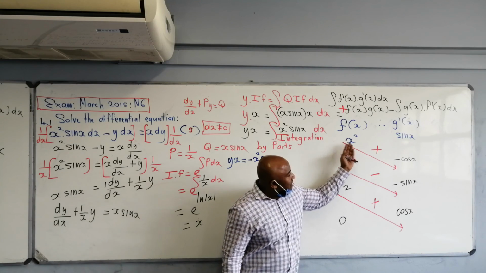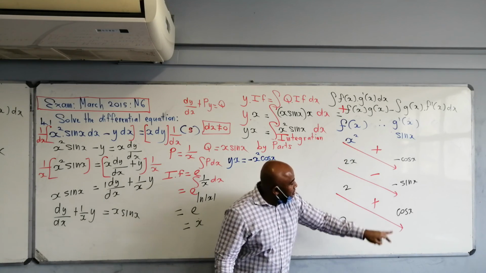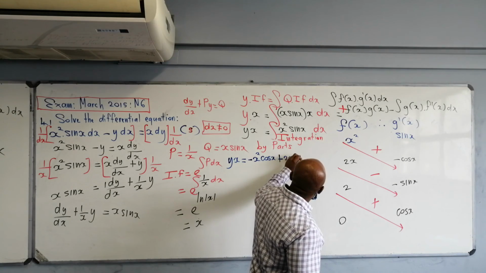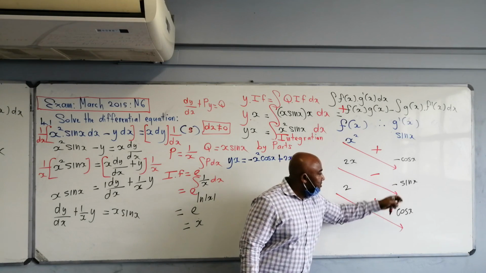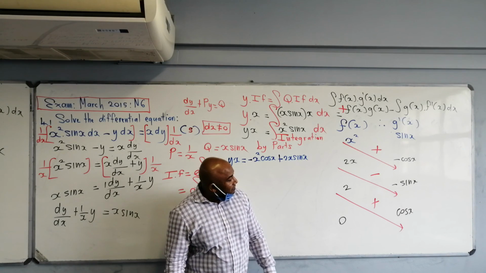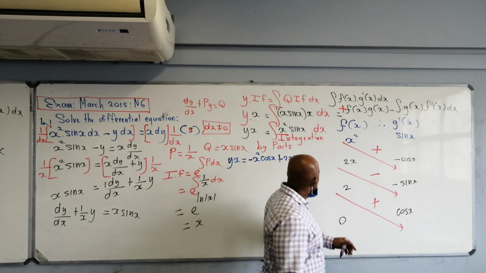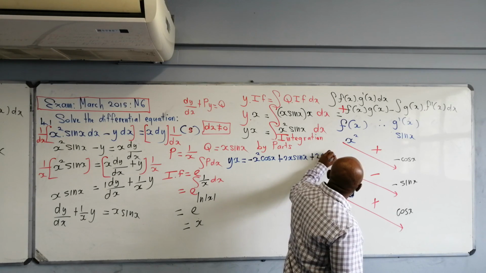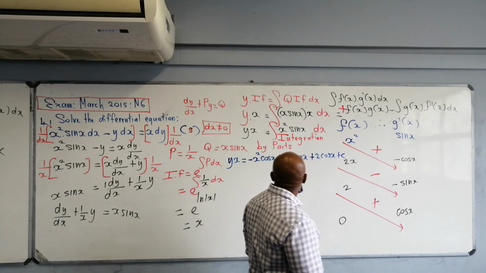Now clear with that? Multiplying there, multiplying these two, that's going to be a positive 2x sin x, because a negative times a negative is positive. Then multiply these two here, it's going to be plus 2 cos x plus c, and you're done.